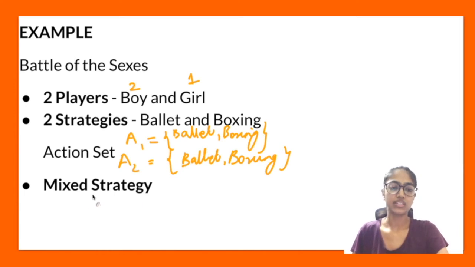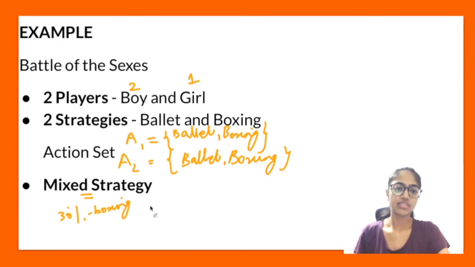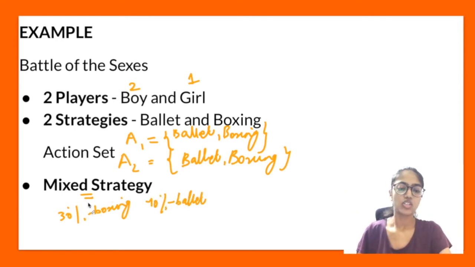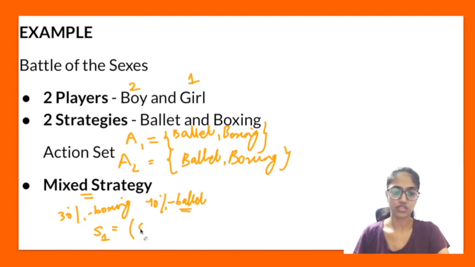Now we can write the mixed strategy sets. Let's say that the girl 30% of the time chooses to go for boxing and 70% of the time she chooses to go for ballet. So we can write her strategy set as S1 equal to 0.7 for ballet and 0.3 for boxing.